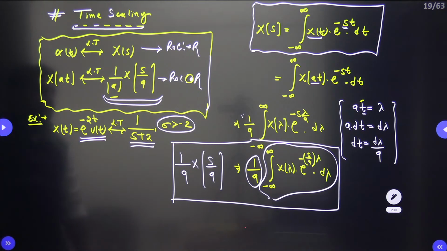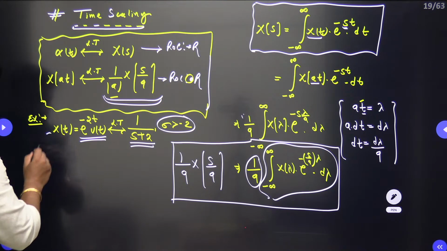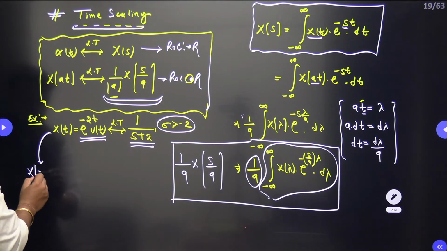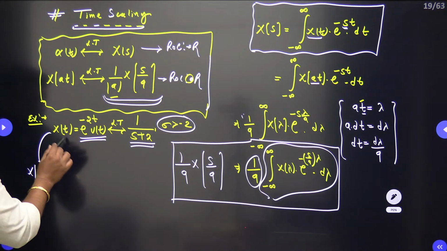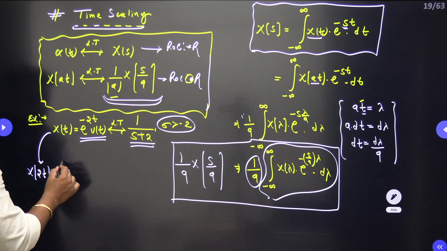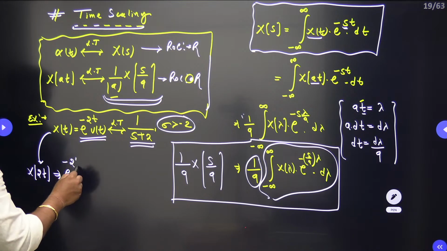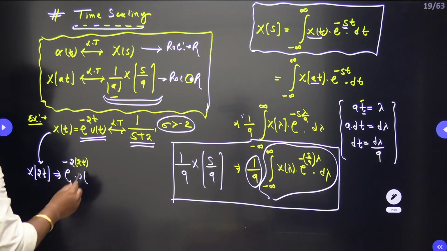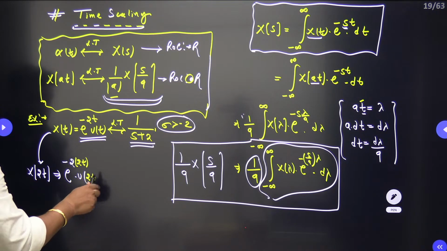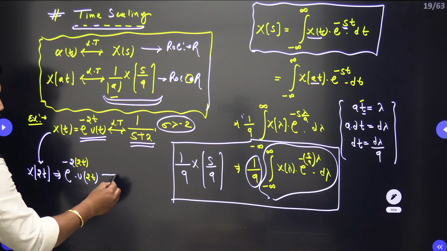Now suppose in this question I replace t with 2t. What will you get? If you replace t with 2t in this example, then e to the power minus 2 times 2t, and u also of 2t. So what will you get as the Laplace transform?